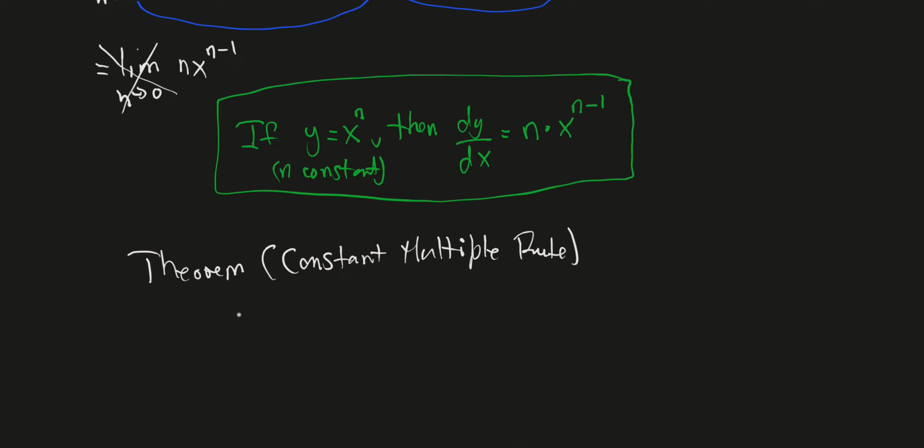So a constant multiple means whenever you have a constant multiplying a function. We've seen this a lot. Sometimes you don't just have an x squared. You might have a 4x squared, or a 10x squared, or a 1/2 x to the third power. So you could have a constant multiplying your function, right?